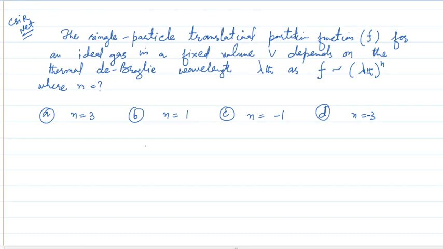So it is very simple. We know the translational partition function is equal to V upon lambda cubed, in terms of the thermal wavelength. They have simply represented this partition function here with f and lambda with this lambda thermal, so it is one and the same thing.